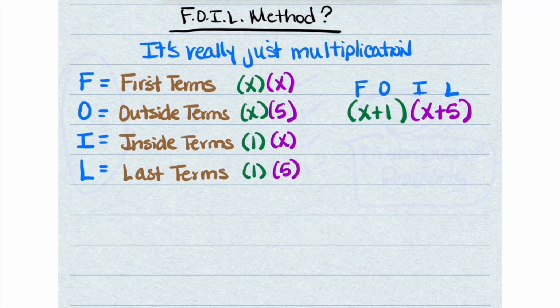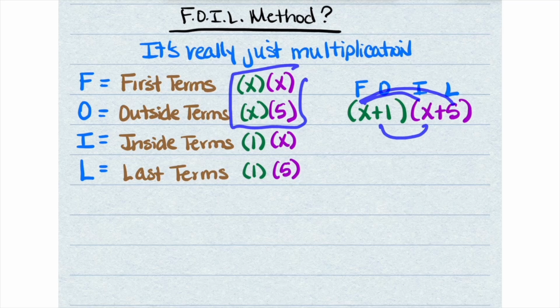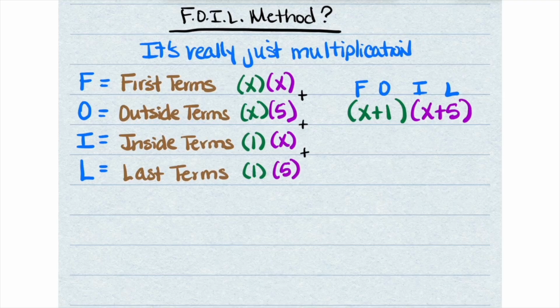That's these two, and those two. So you're not lost. Once you multiply these, you go through and add all of these together.